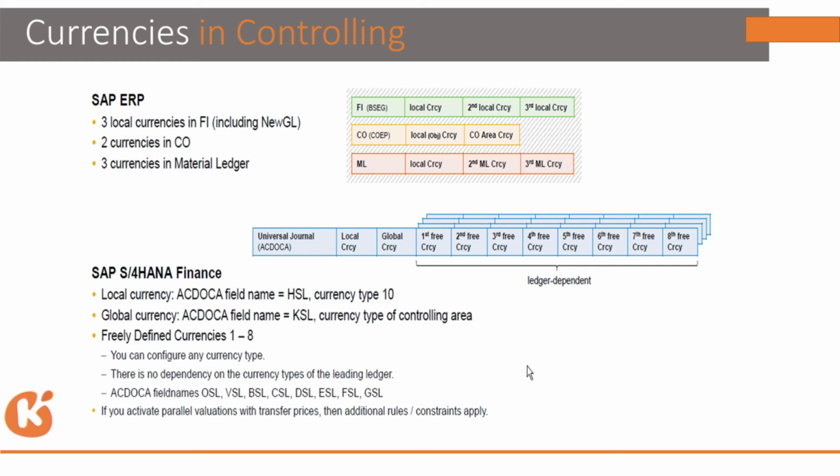So now we have the option to define up to 10 currencies for one company code. Again, suppose you have a company code in Canada, right? For that company code, you will define your local currency as CAD, and maybe you can define the global currency as USD. So currency activation depends on the company code. It will differ from company to company.